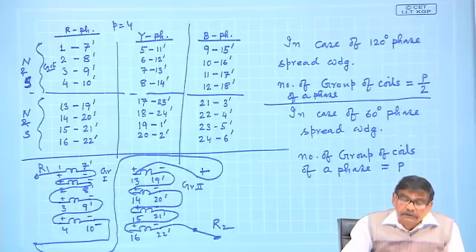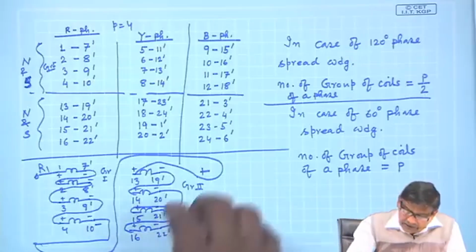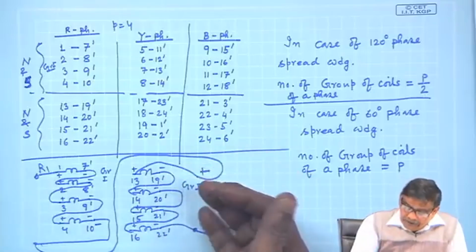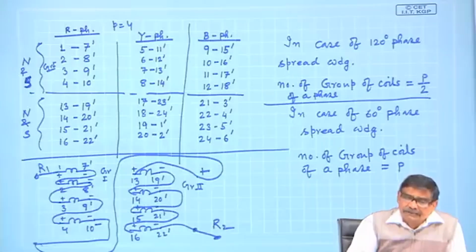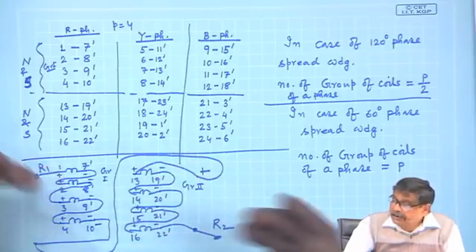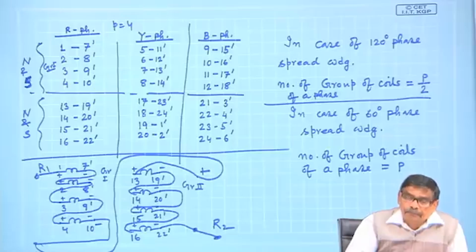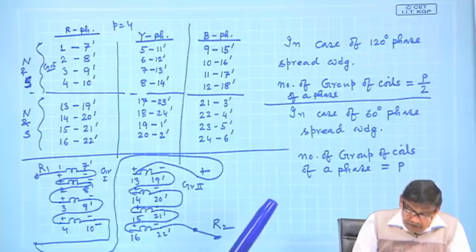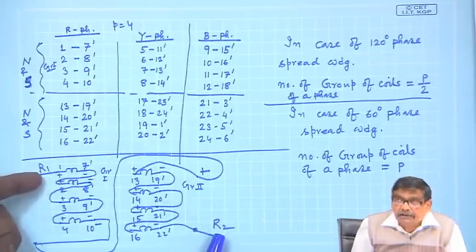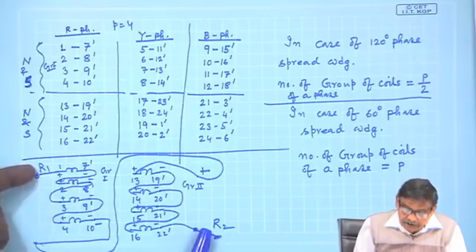However, in case of 60-degree phase spread winding, you should be careful while connecting several groups in series. One point I would like to tell, be it 120-degree phase spread winding, generally group terminals are available, you connect them in series. Sometimes the group connections in the winding itself will be connected inside, and the machine will give out these two terminals, ultimate phase terminals.